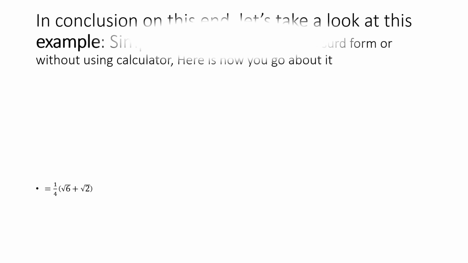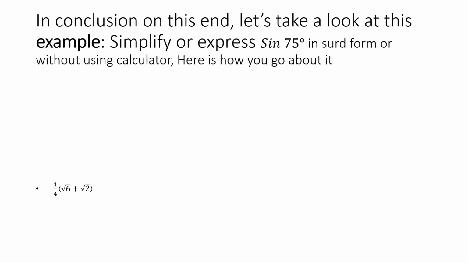Let's take a look at this example. Express sine 75 in short form without using a calculator. Here is how you go about it. I can express sine 75 in the form of 45 plus 30, right?